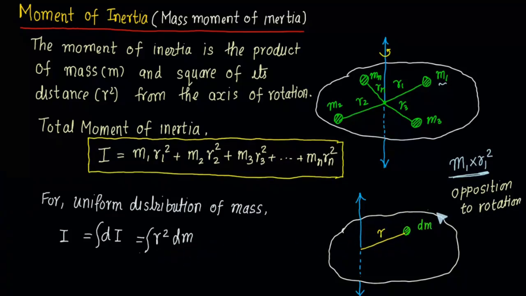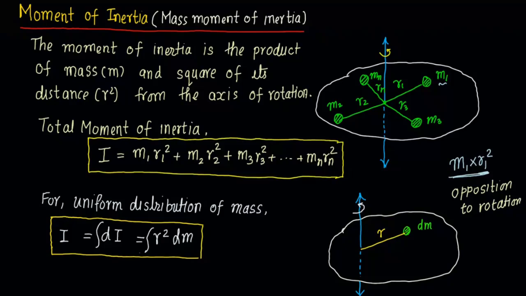But I want to find the moment of inertia of the entire body, so I will integrate this, which gives the total moment of inertia of the body: the integration of r square dm. Like this, friends, we can find the moment of inertia of a body having uniform distribution of mass.